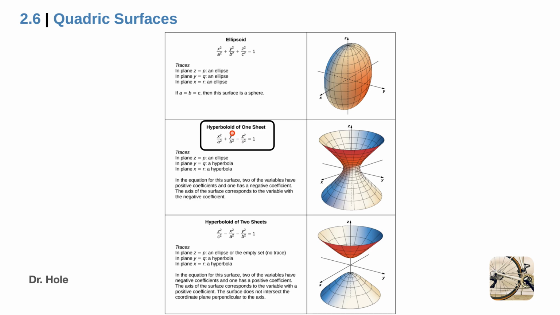Now, to go from a hyperboloid of one sheet to a hyperboloid of 2 sheets requires 2 minus signs. The variable on which the plus sign occurs corresponds with the axis of symmetry.